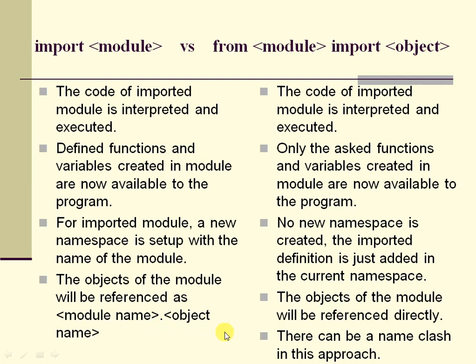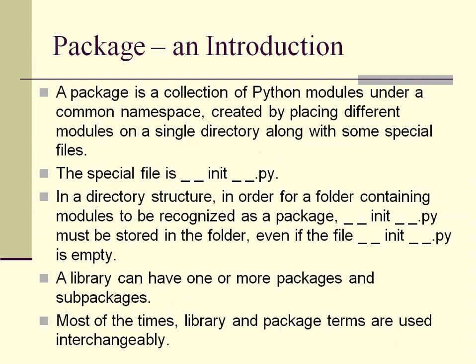Okay, so this will be a question in your examinations also for the theoretical part: what is the difference between the two approaches? So you have to be clear about the concept of namespace, then only you can define the difference. Please note that in the second approach there can be a name clash, so you should be careful while using this approach. Okay, great.